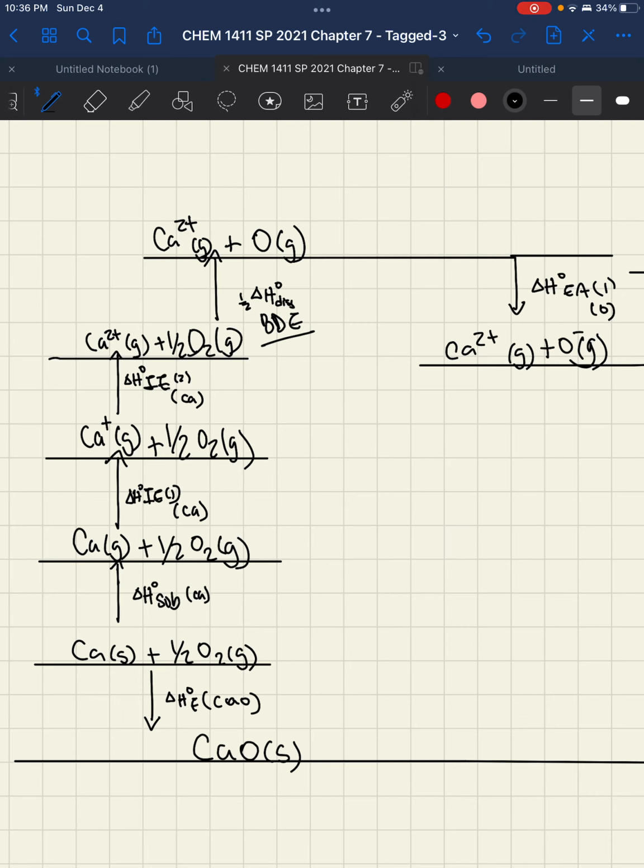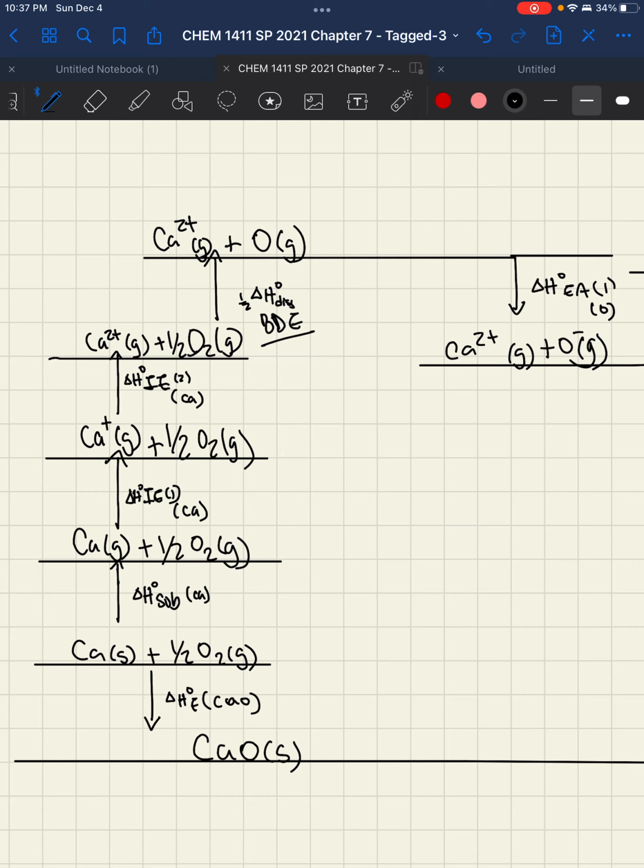Then you need calcium in the charge that you want, and since it's a positive charge, 2+, you're going to use ionization energy, which is essentially removing electrons, so it's going to make the element positive. So it's Ca2+. You have to do 2 in order to get 2+.